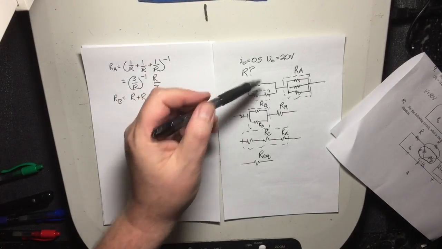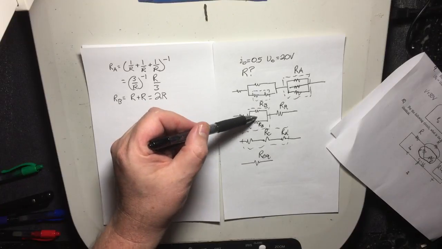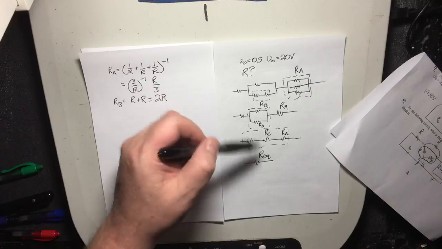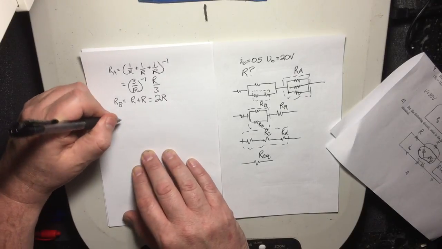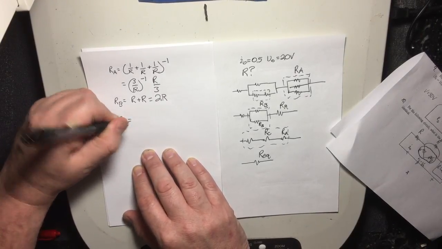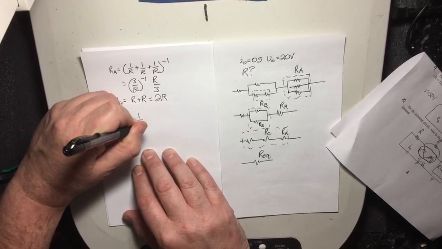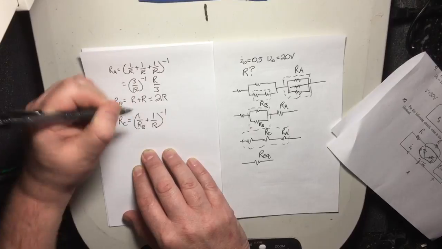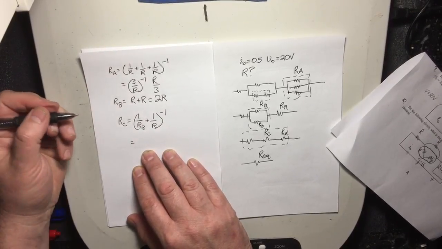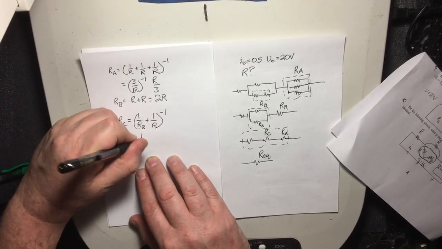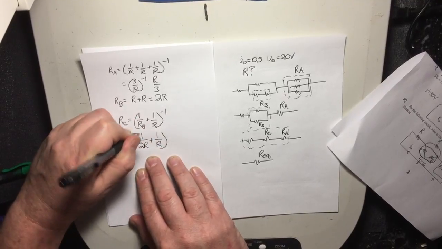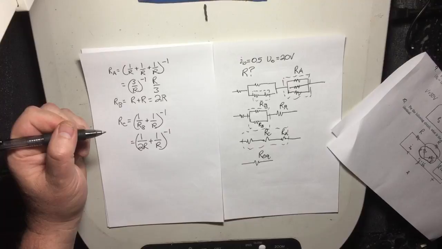So we've done this. Now to go from there to here, I've got to take RB and another R resistor in parallel to form RC. So RC is 1 over RB plus 1 over R, inverted. RB is 2R, so 1 over 2R plus 1 over R is this.